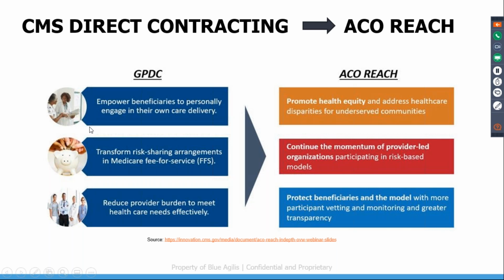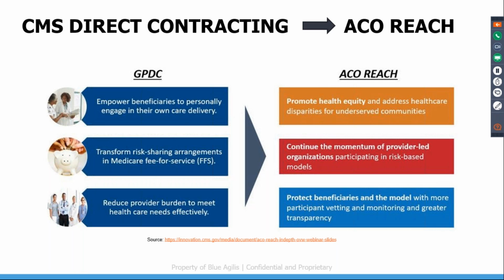So a little background about this program. Considering stakeholder feedback as well as lessons learned from previous payment models, CMS has made some changes to their direct contracting program, of which one is the name. The new name of this opportunity is ACO REACH.